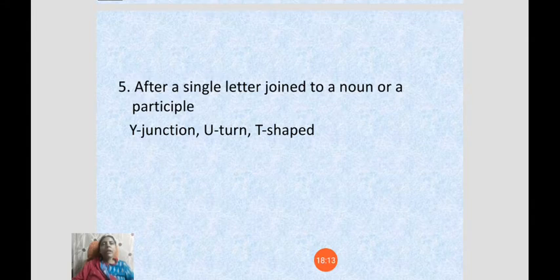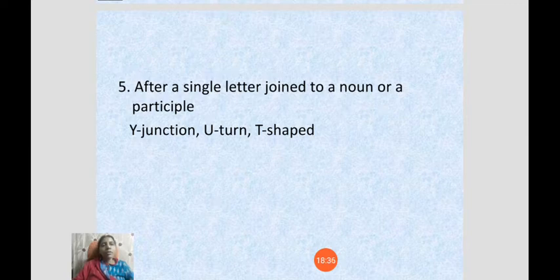Okay, so junction is a word. When it is to be joined with a single letter, then we use a hyphen. In the same way, U-turn. Junction and turn are nouns.